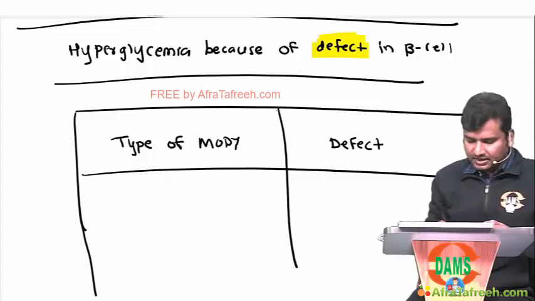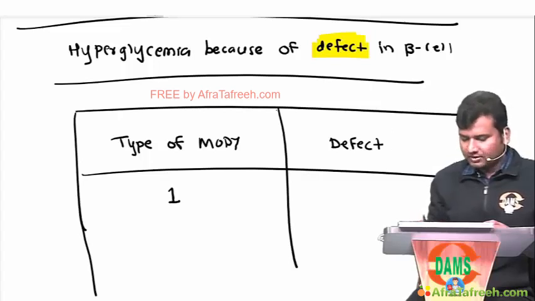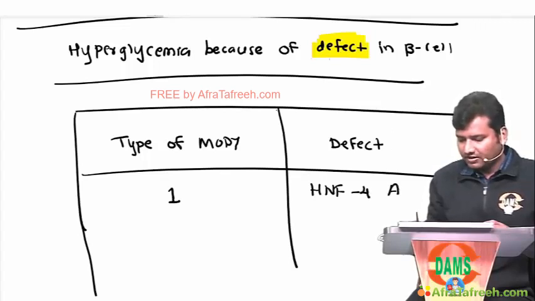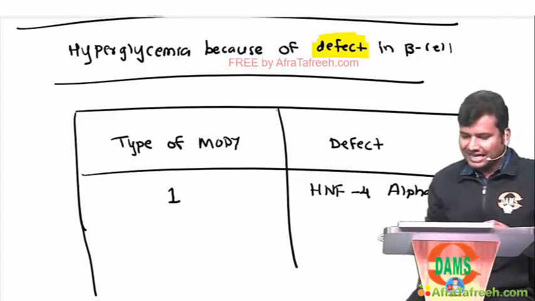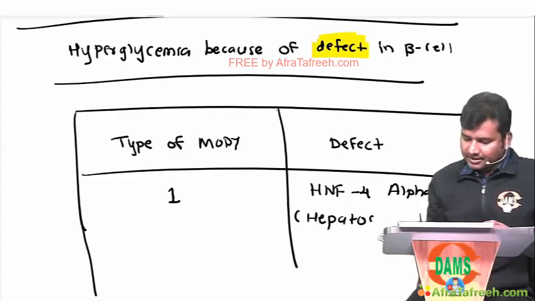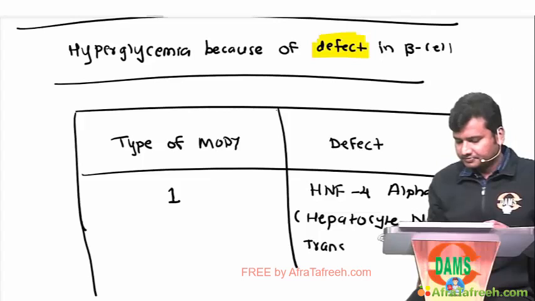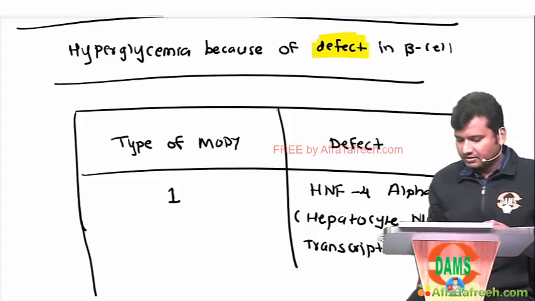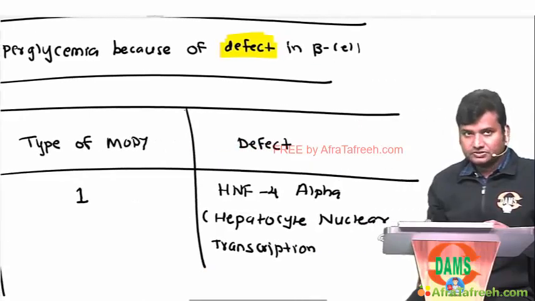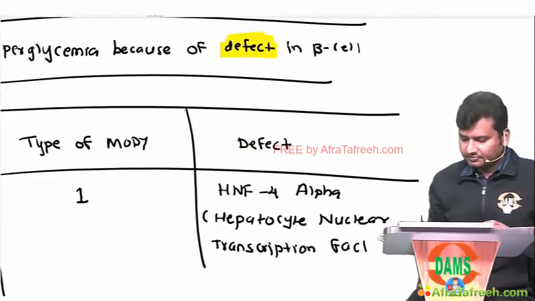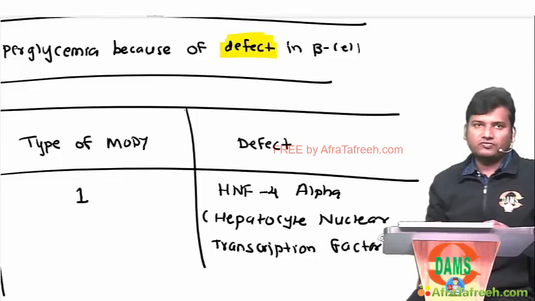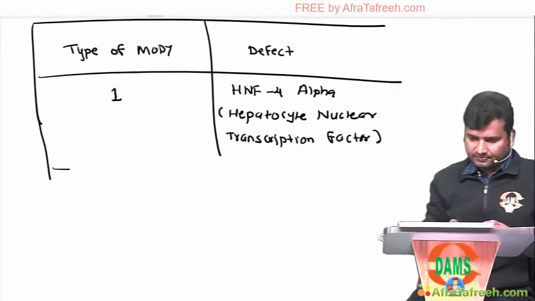So first one, MODY type 1. The patient has a defect in HNF4 alpha. HNF means hepatocyte nuclear transcription factor, HNF4 alpha.